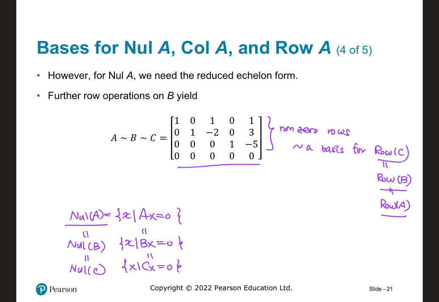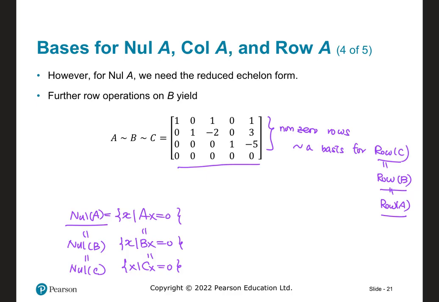So to find the basis for the null space, I need to first describe the solution set for each vector in this null space. I need to describe the arbitrary solution vector in terms of parameters, and then I need to check what kind of vectors will generate the vector in the null space.